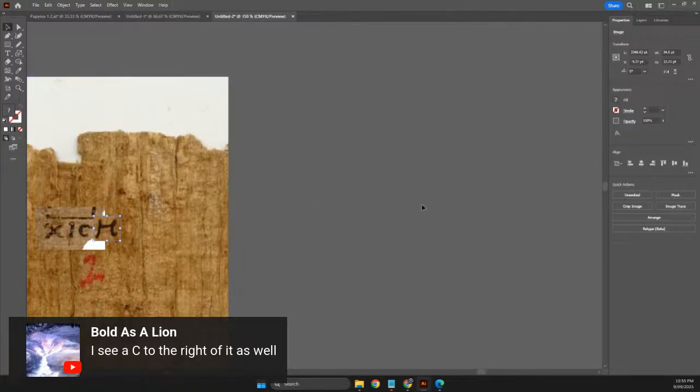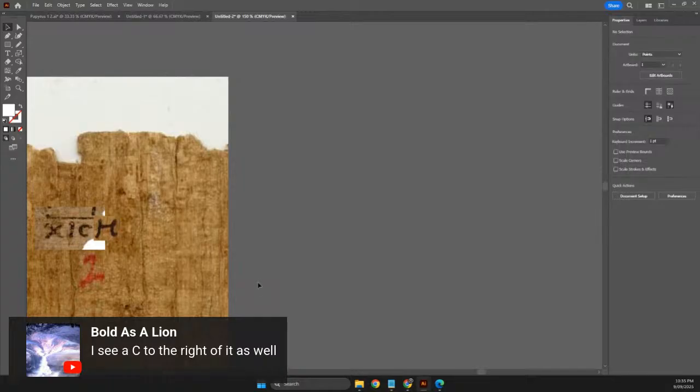And then I think you were saying there is like a C after it that you can see. Now, I'm not seeing it that well, but definitely these letters I'm seeing. But for the sake of everyone else, I better probably shut this down.